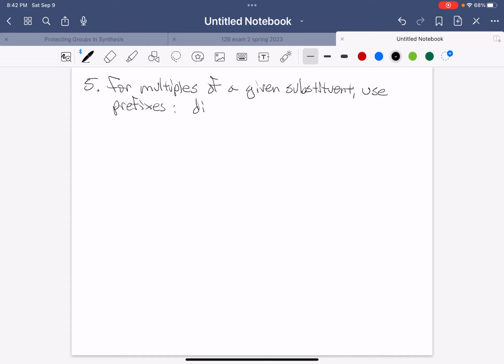We'll use di, tri, tetra, penta, etc. And that is for 2, 3, 4, 5. I'll just put little arrows there.